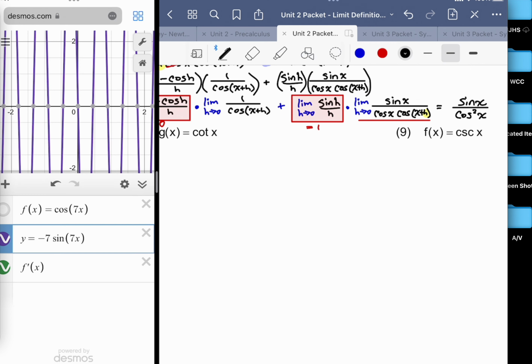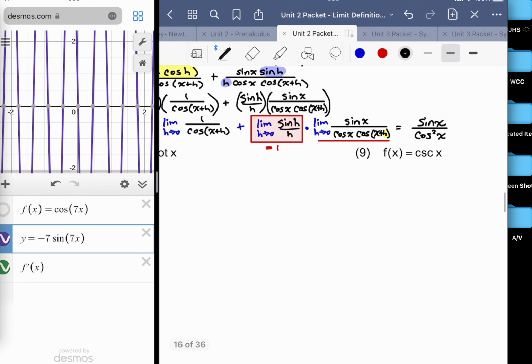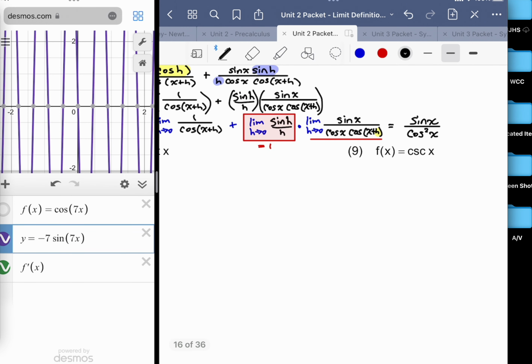The people who are in charge of writing textbooks and stuff like that don't like this form of the derivative. I think it's beautiful. But what they like to do instead is write this as sine of x over cosine of x multiplied by 1 over cosine of x.